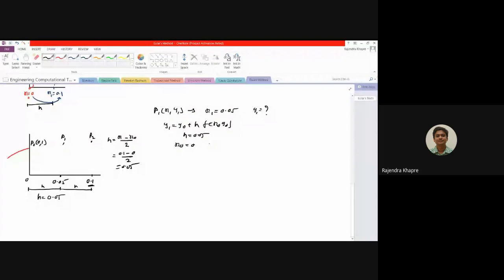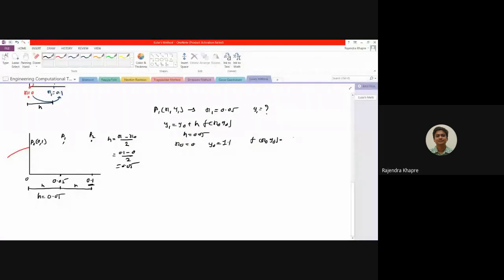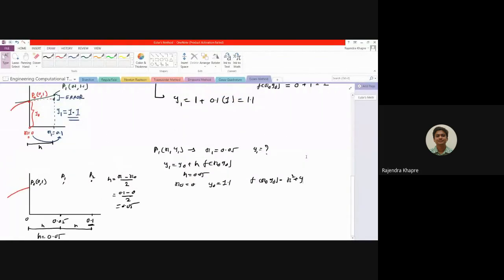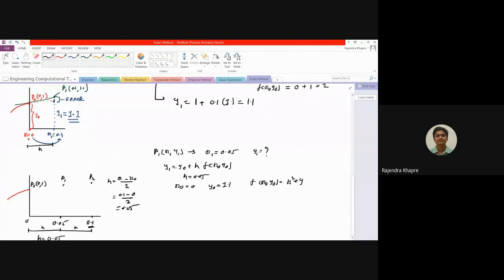x0 is 0, y0 is 1.0, and f of x0 and y0 is nothing but x square plus y. So this we have already calculated. So x square plus y, and here the value of x0 is 0, y0 is 1, and this we have already calculated as 1.